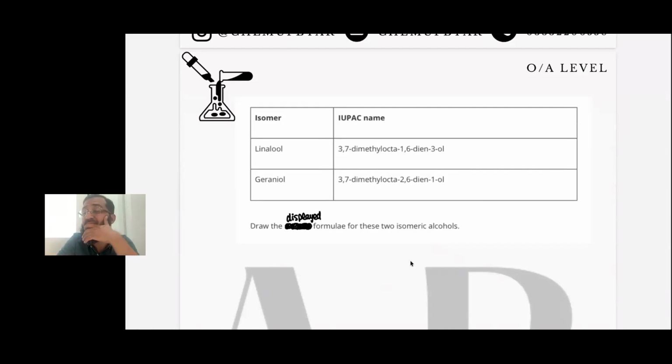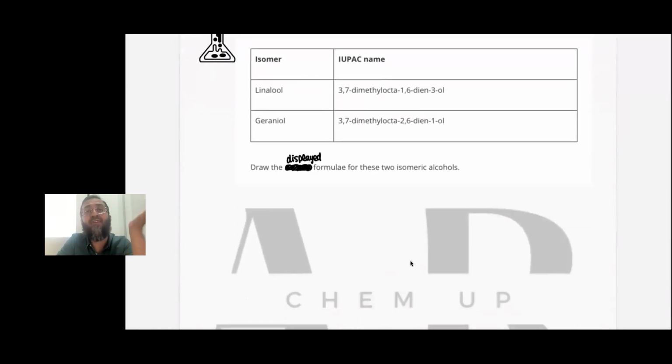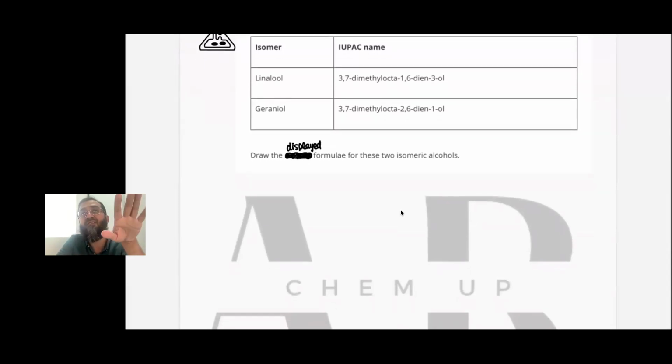So how will we start? It's octa, so draw 8 carbons with single bonds first. Now the name suggests that it has a double bond.